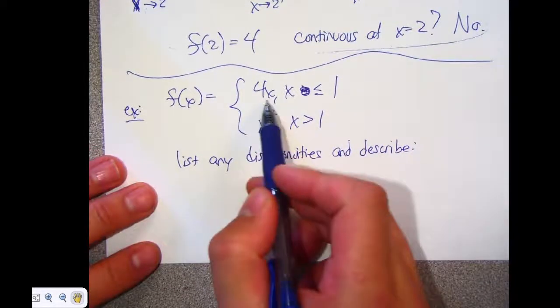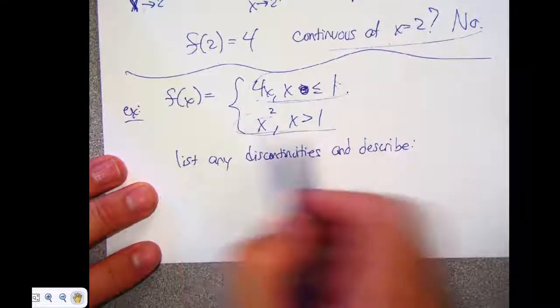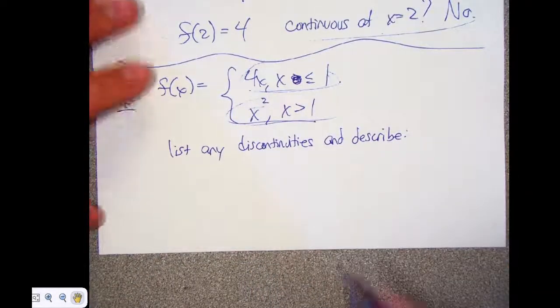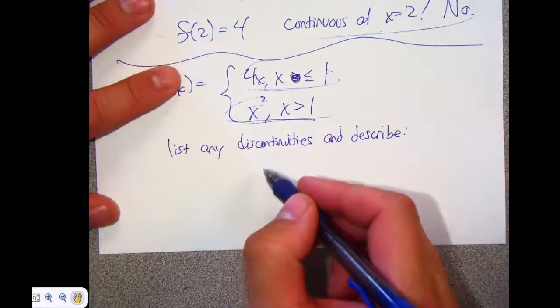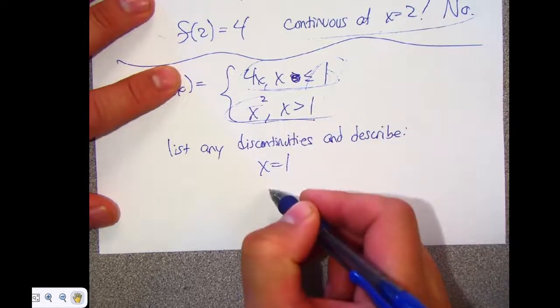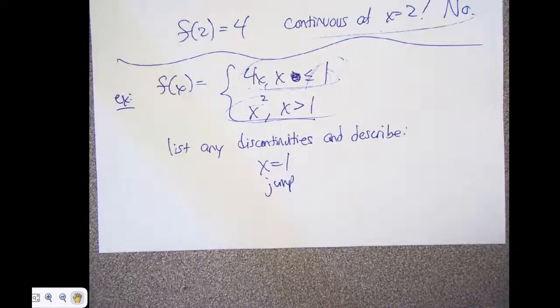So if I plug 1 into the left-hand side, what do I get? 4. If I plug 1 into the right-hand side, what do I get? 1. So are there any discontinuities? Yes. Where is the discontinuity? At x equals 1. So that's the number we plugged in. And what kind is it? A jump. Because you got 2 rows, they're just not coming together. Okay. Questions there?